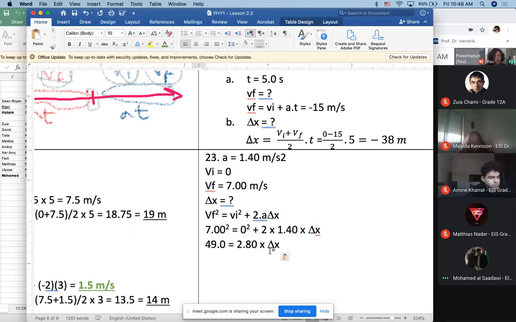Okay. Now, how do you find delta x? Actually, delta x equals 2.8 over 49. No, it's 49 divided by 2.8. You want to get rid of this guy, right? Do you throw it on the other side, or do you divide by it? All right. So what is your answer since you did the homework? It's 18.